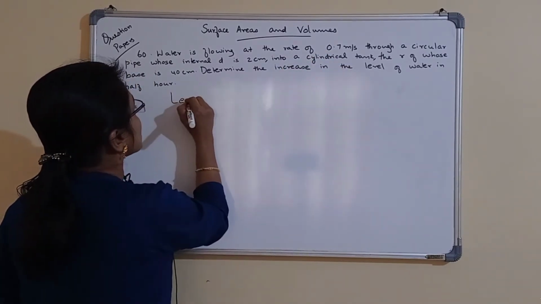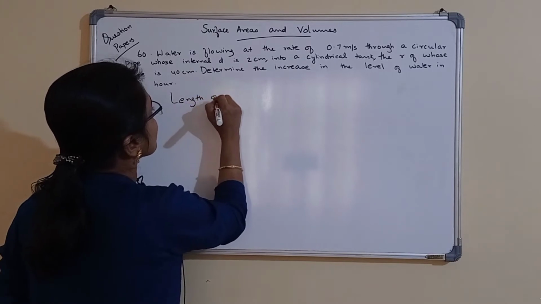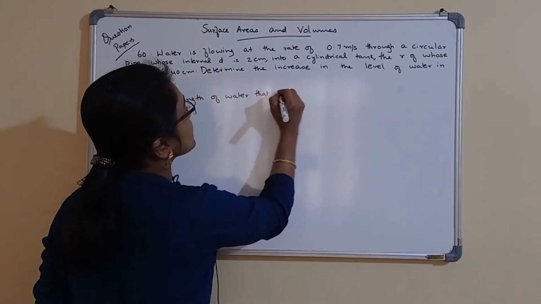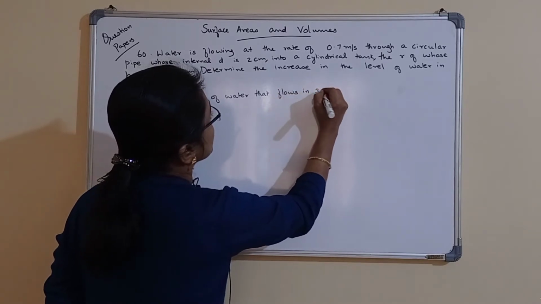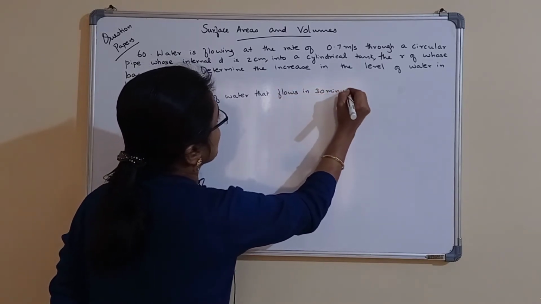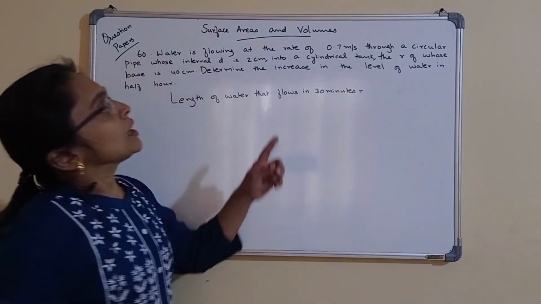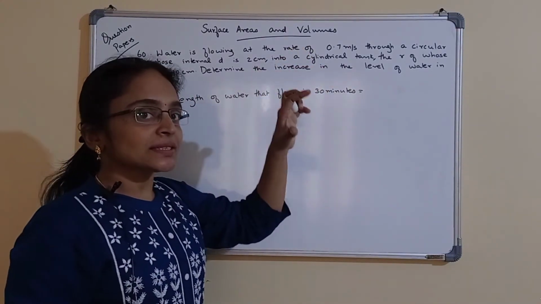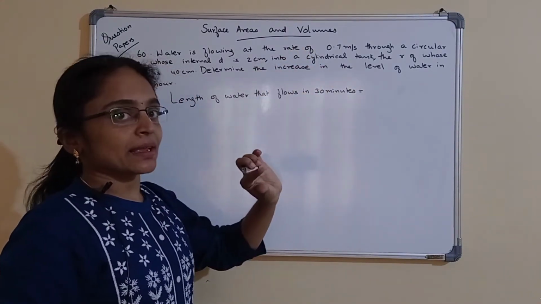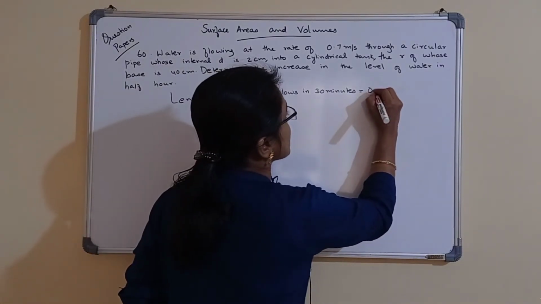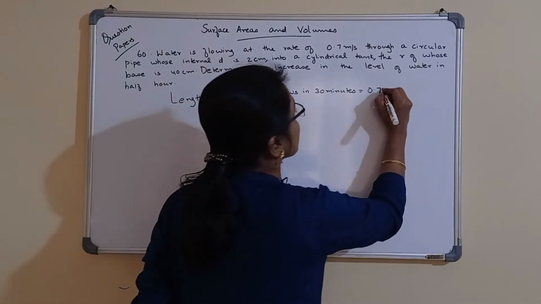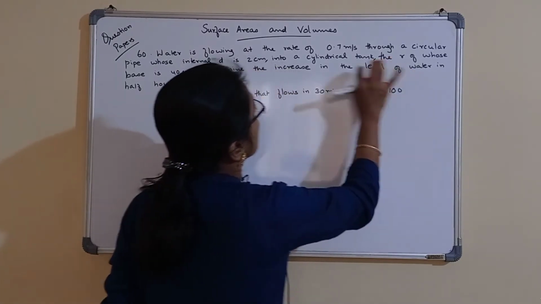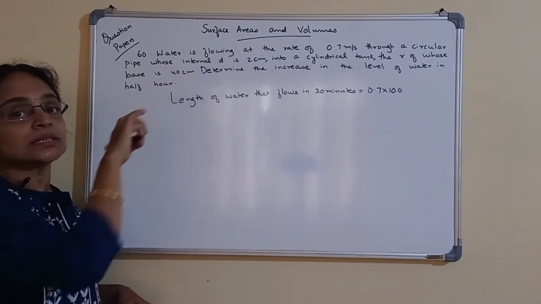So the length of water that flows out in 30 minutes, that is half an hour, is equal to, it is 0.7 meter in 1 second. To convert 0.7 meter to centimeter we have to multiply it by 100, because all the other units are in centimeter.